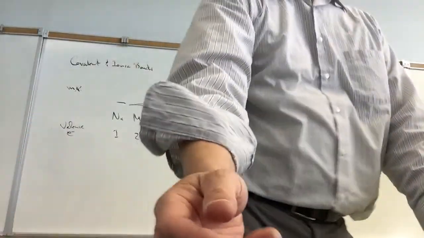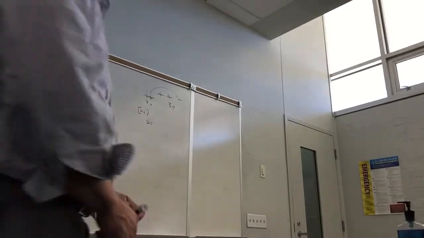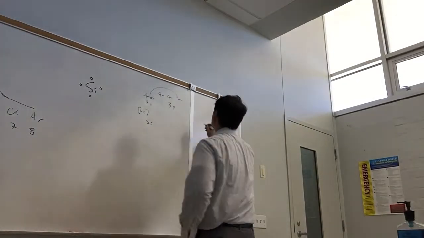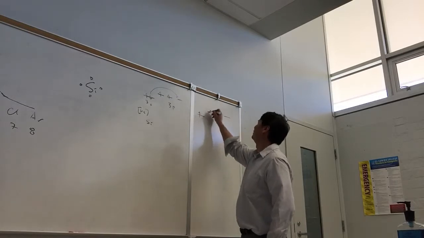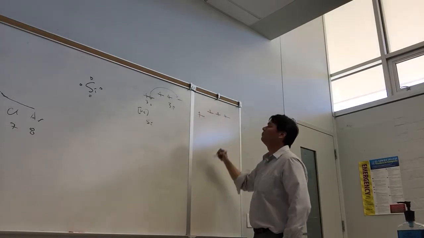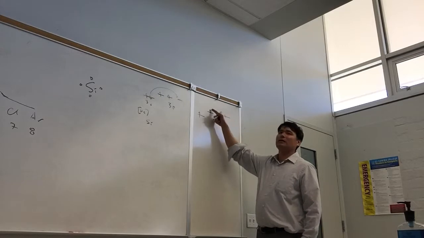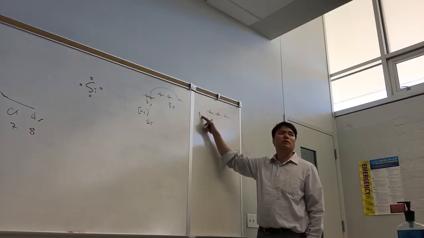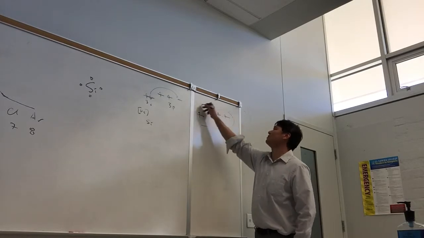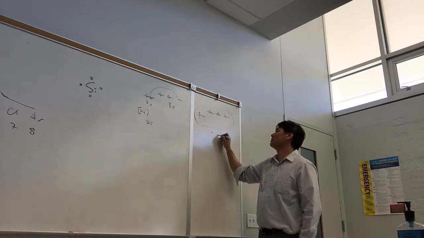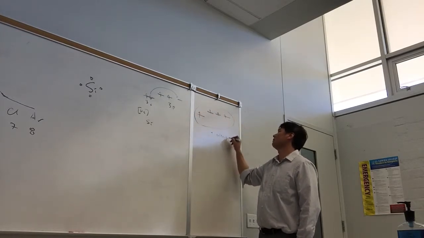Now, why would we want 4 unpaired electrons? The reason is that way we can form 4 bonds, if these electrons get shared. So the valence shell has 4 valence electrons.